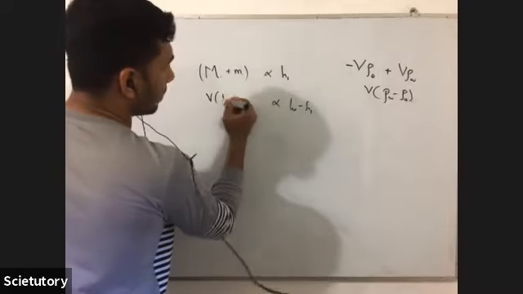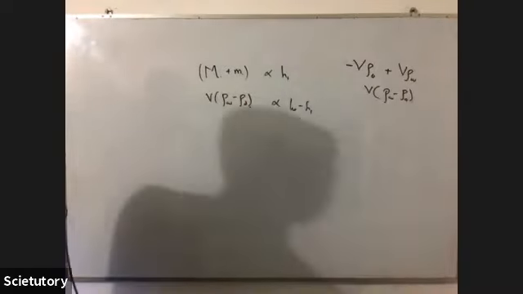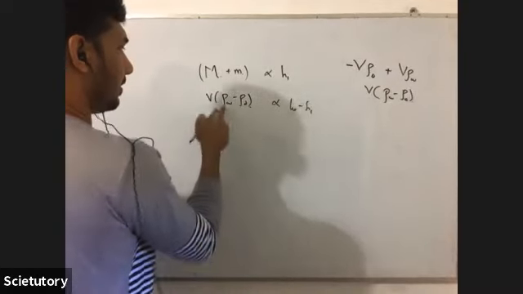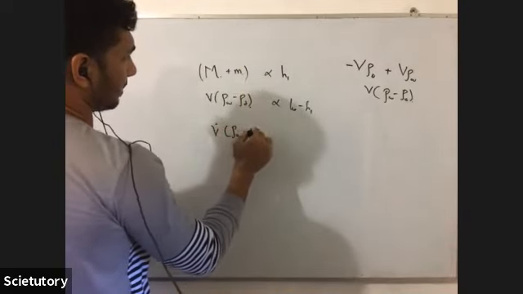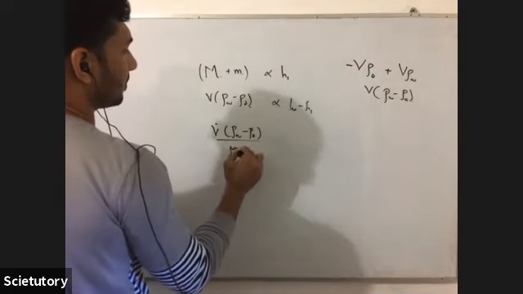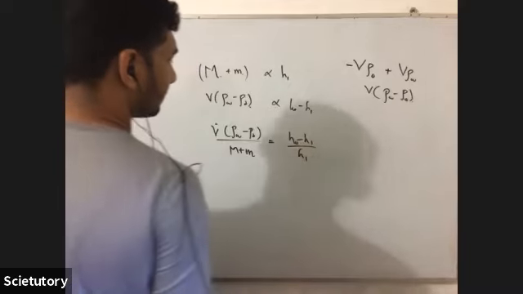Now just divide this by this. So V into (rho W minus rho naught) over M plus N equals (H0 minus H1) over H1.